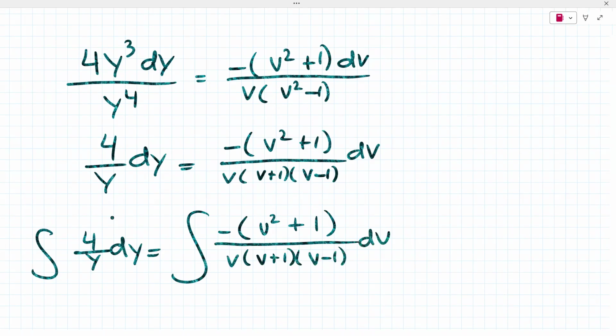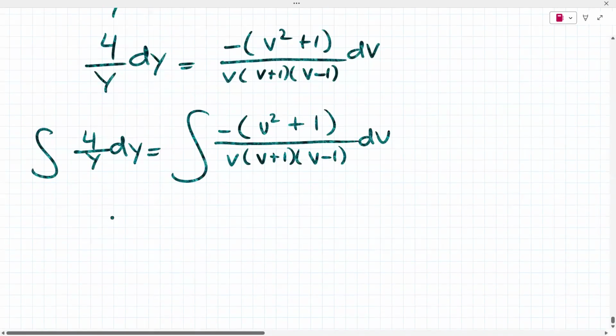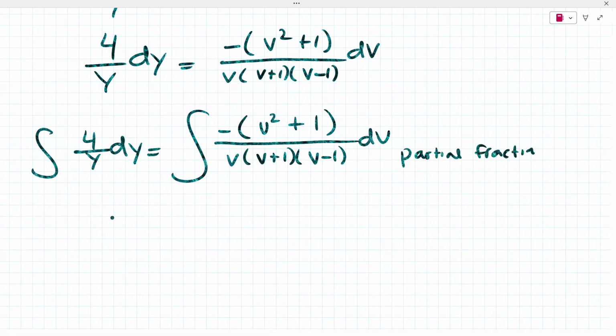You would have to do partial fraction decomposition. So you need to know your partial fraction decomposition rule.